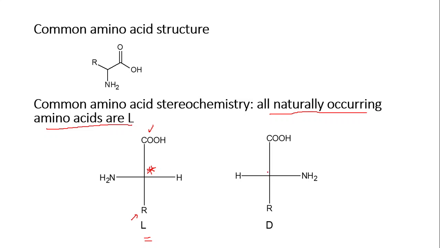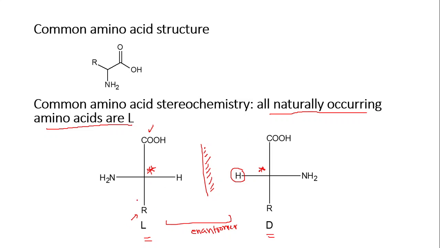If you reverse this position, it becomes its enantiomer, because of the imaginary mirror plane right here. Now the H is on the left side, meaning this is a D enantiomer of the same amino acid.